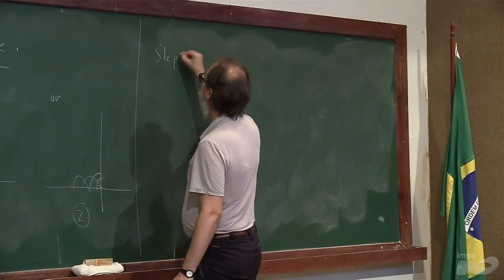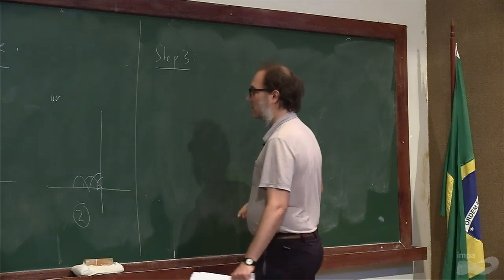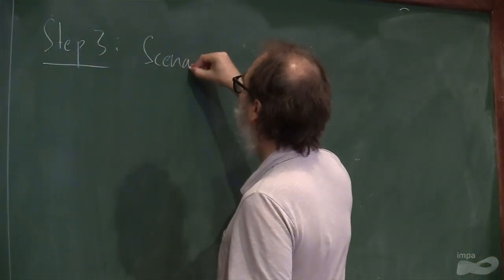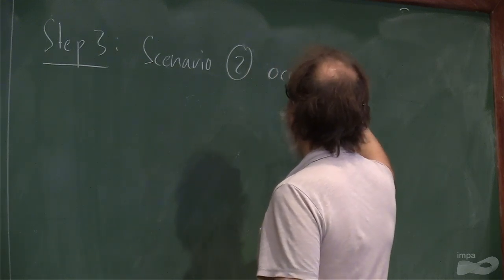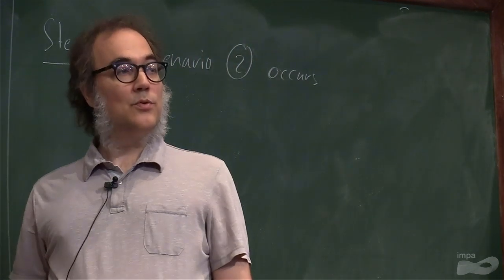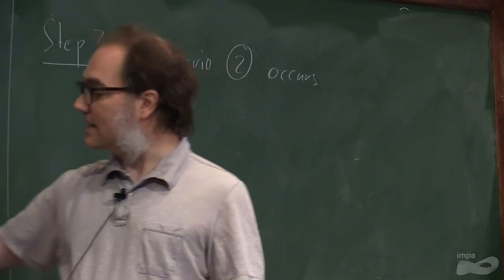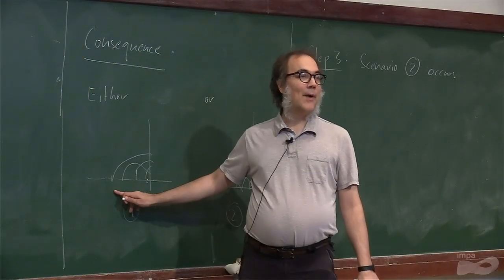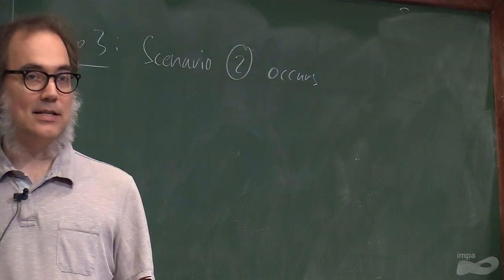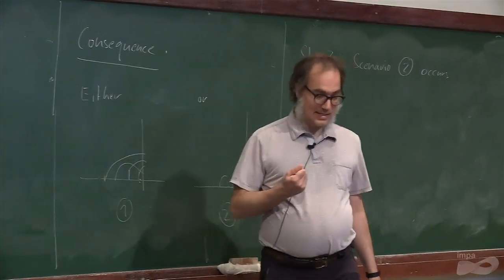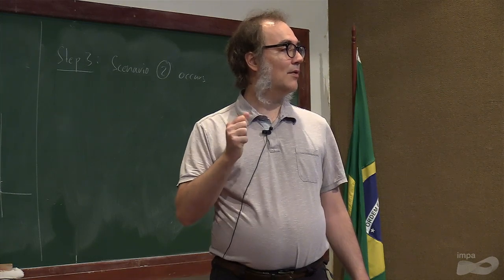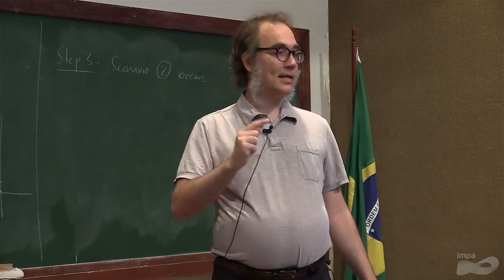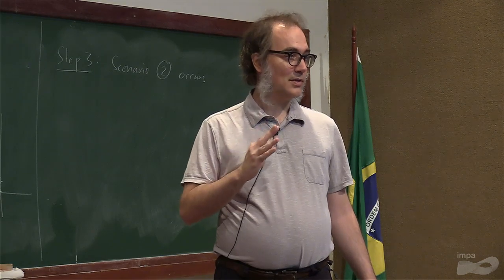Step 3, scenario 2 occurs. And then what you do to show scenario 2, you go to the extreme point, namely you go to the boundary of the Hills region. The boundary of the Hills region has the following physical interpretation. The boundary of the Hills region, these are the zero velocity curves. So you have no velocity. You have acceleration, but no velocity.